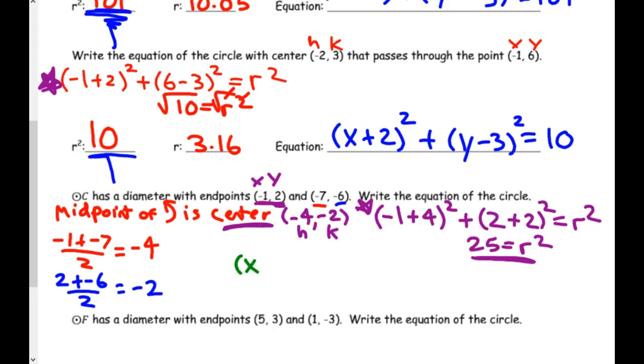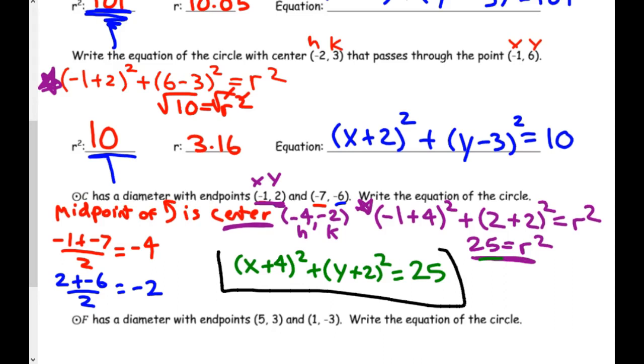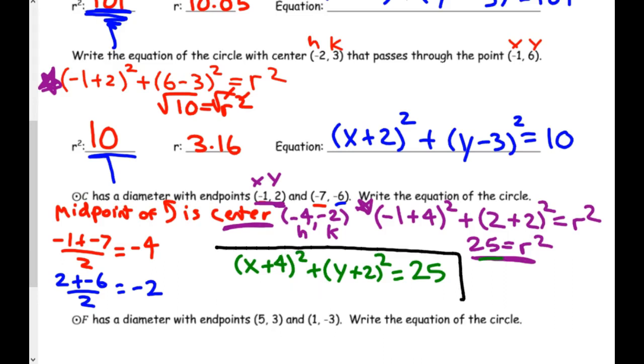X, opposite of h, is +4, squared, plus y, opposite of k, squared, equals r squared, which we said was 25. So like final answer, finally, right? So this is probably the worst, the fact that it's so long.